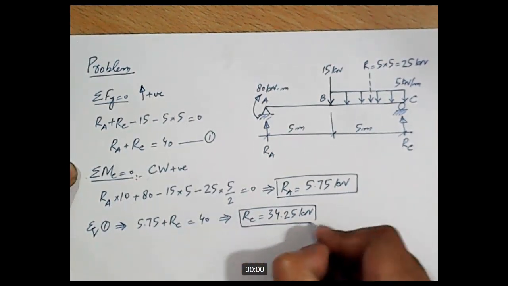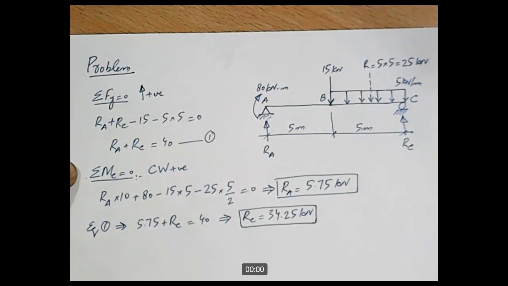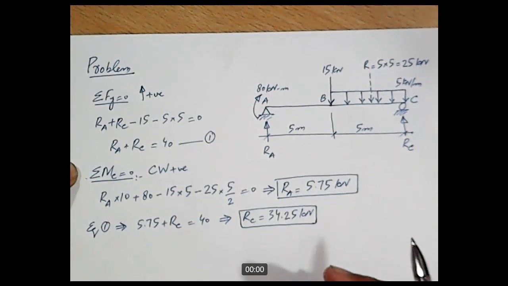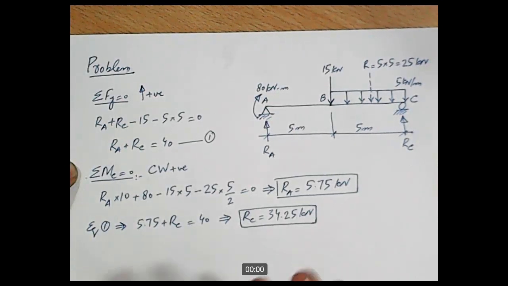So in this way, we have calculated both the vertical reactions RA and RC, and both have come out to be positive, which means that the assumed directions of both the reactions are correct. Both RA and RC are actually acting in the upward direction.